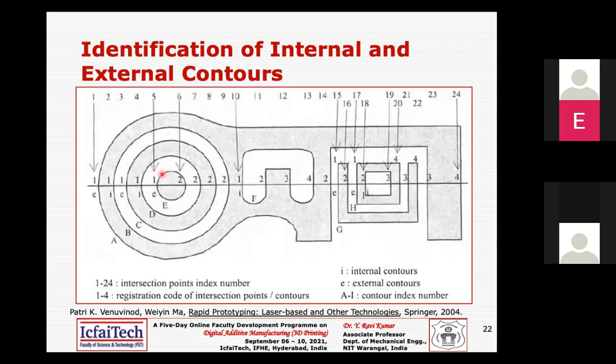We need to organize these internal contours and external contours and the parent-child relationship between them. That depends on the geometry of the model you are trying to fabricate, right? So this is also taken care of.